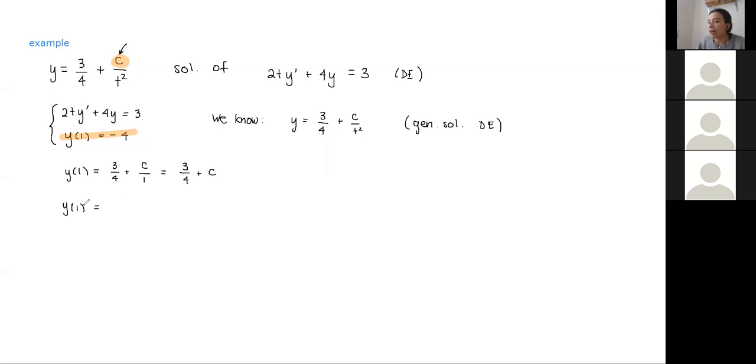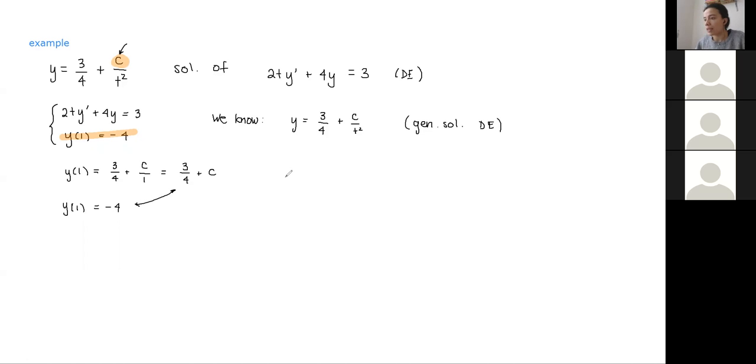Okay. So now I also have that y of 1 is equal to -4. Because y of 1 is equal to 3/4 plus c, and y of 1 is equal to -4, these two things have to be equal to one another, right? So if I want to solve for c, I make these two expressions equal.